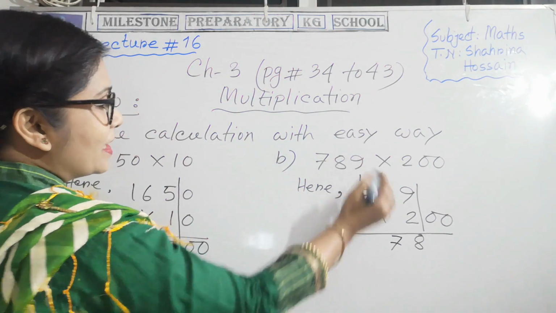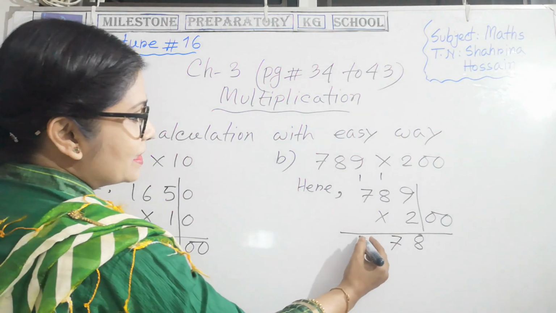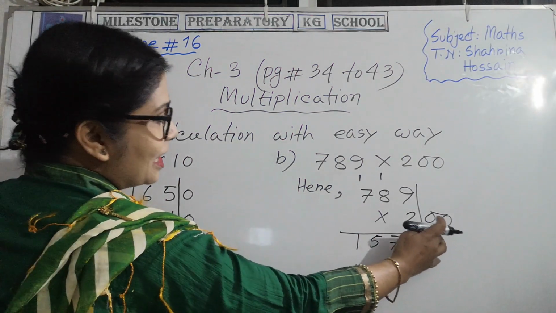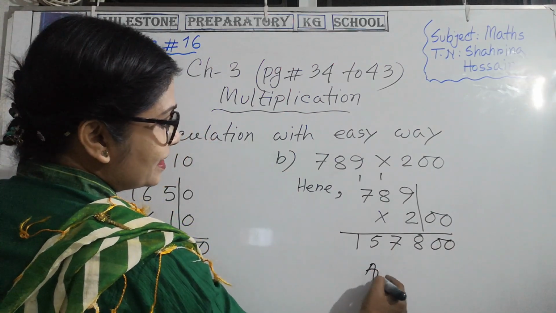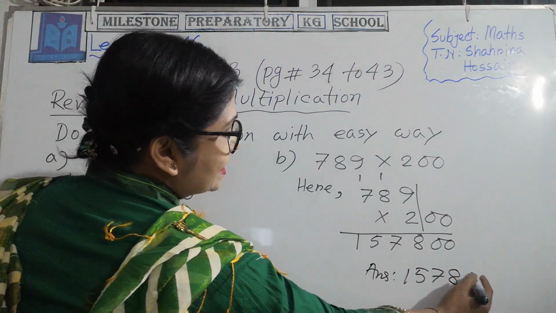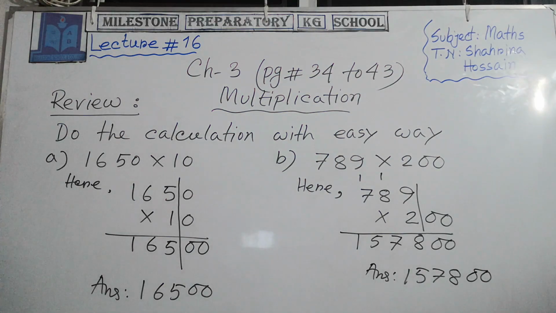Another 1 is in our hand. 2 7s are 14 plus 1, it will be 15. Now see, here how many zeros? 2 zeros. We will add 2 zeros. By this way, we can find the answer. We can multiply easily. Okay? This is called calculation the easy way. I hope you will also calculate multiplication this way easily.